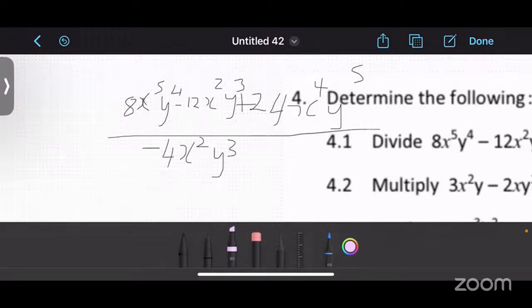What happened to the negative? Oh, yes, the negative, sorry. So it's going to be negative 2, positive 3, and negative 6.